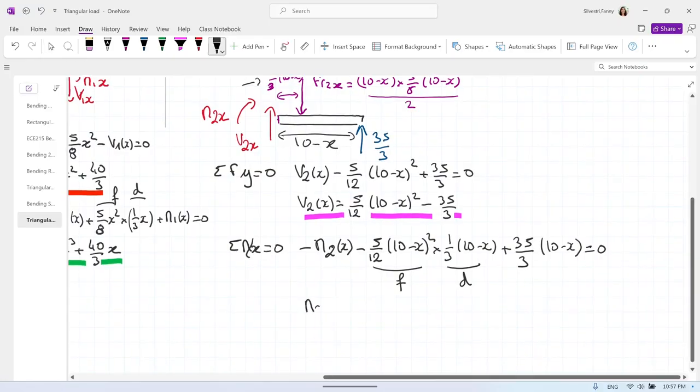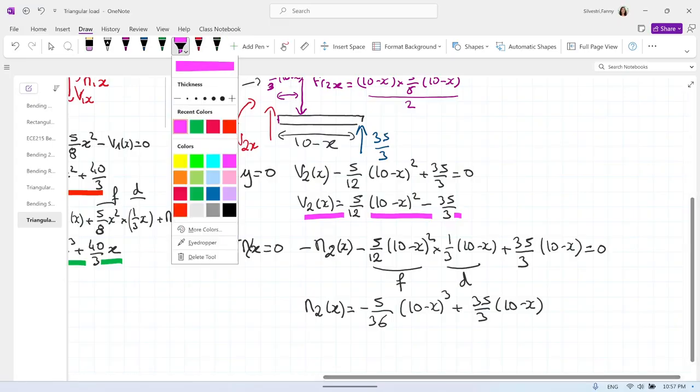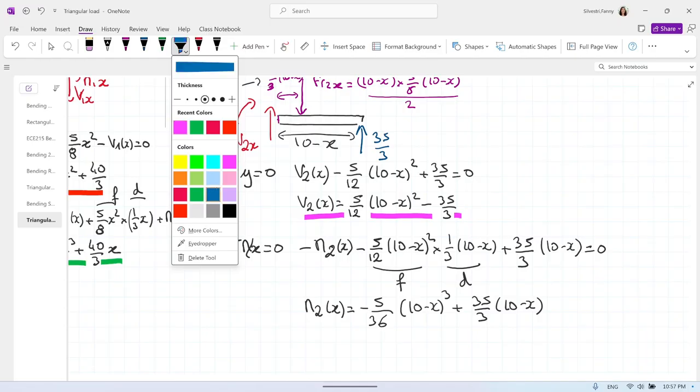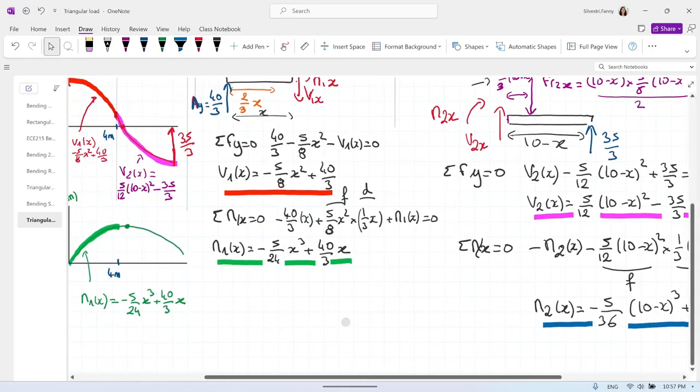So M2 of x equals 5/12 times 1/3, which is minus 5 divided by 36 times (10 minus x) cubed, plus 35/3 times (10 minus x). Don't develop your 10 minus x, keep it this way. It's the easiest way. My first part of the moment was green, I will make this one blue. This one is this part of the equation.